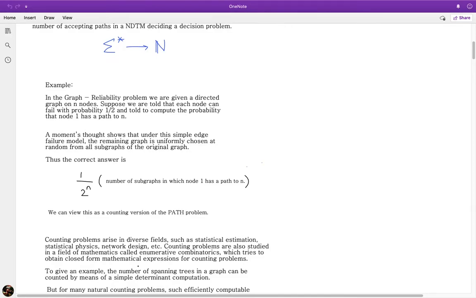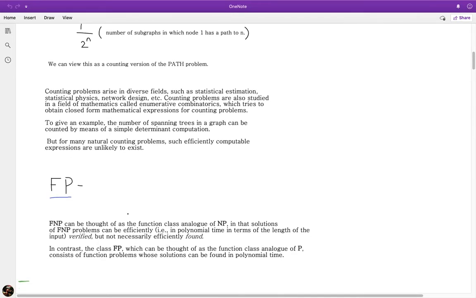So the probability of the correct solution of getting a path from node 1 to n is basically the number of accepting solutions divided by the total number of solutions. That is how you get this formula. So basically what we saw here is we converted this problem into a counting problem.